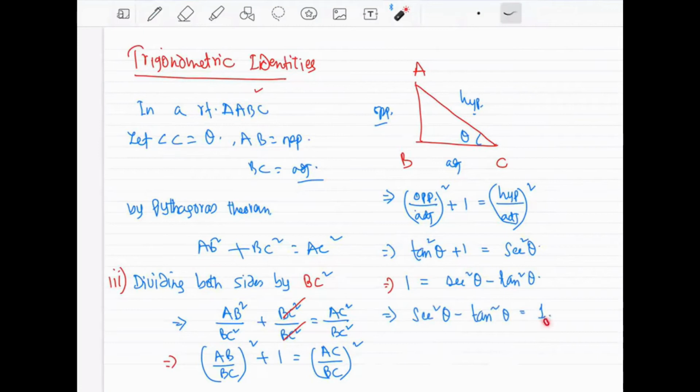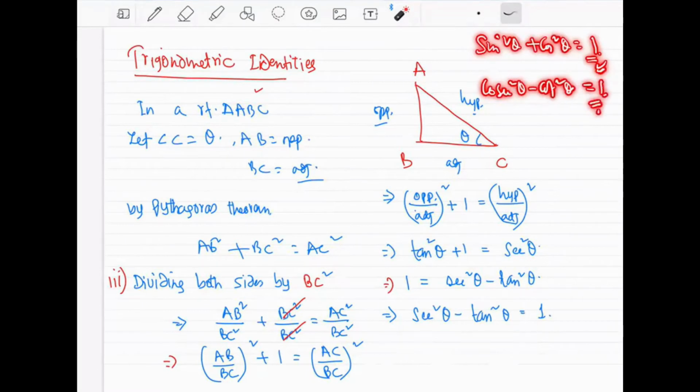Now we have got another formula, and remember we want 1 on the right hand side in all of them. Sine square theta plus cos square theta is equal to 1. Remember, like this, there is 1 on the right hand side, and cosec square theta minus cot square theta, the formula that we have just done, this is equal to 1, and we have got sec square theta minus tan square theta is equal to 1.